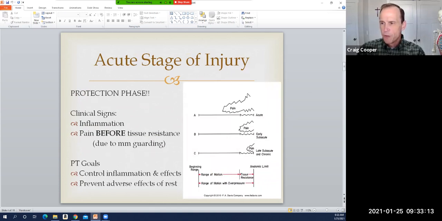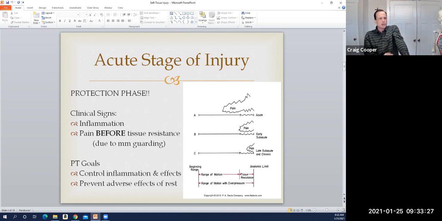If you're in the acute phase, you don't even have to get to the end of the normal motion before you have pain. Let's say I have pain in my shoulder, and normally I should be able to go that far. In the acute phase of injury, I lift it up to here and that's already painful. The first little bit of motion I'm okay with, but as soon as I put any tension through that area, I start having pain.